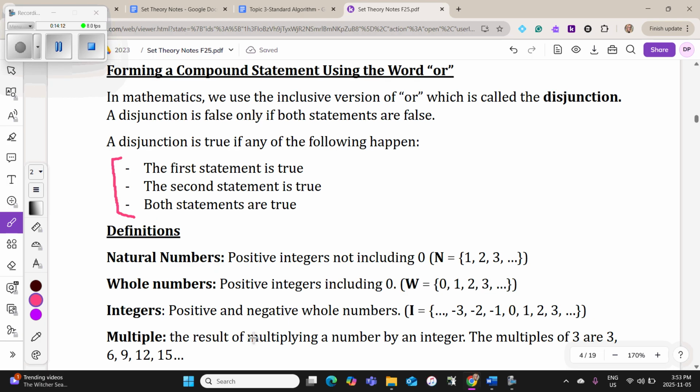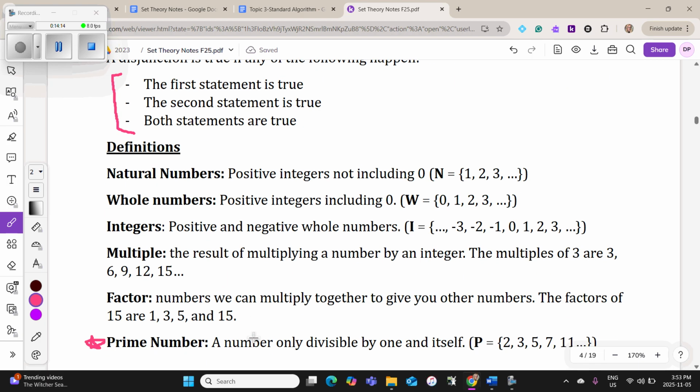So in order to answer the next couple questions, we're going to need to know some definitions. So take a look through these. They're mainly sets of numbers. We've got the natural numbers, which are our counting numbers. So 1, 2, 3, 4, etc. Those are the natural numbers. If we take our counting numbers and add in 0, we get what's called whole numbers.